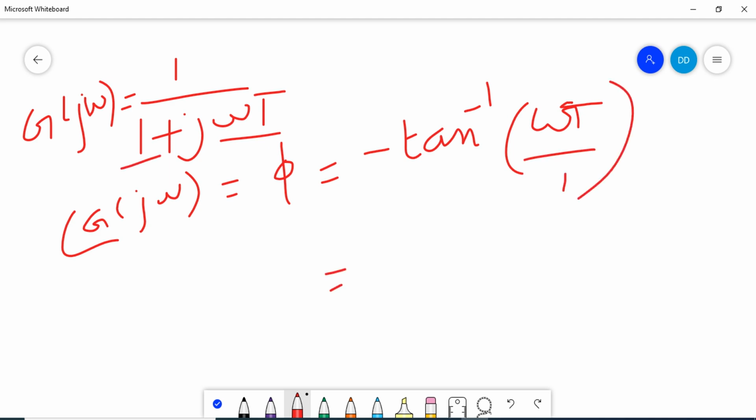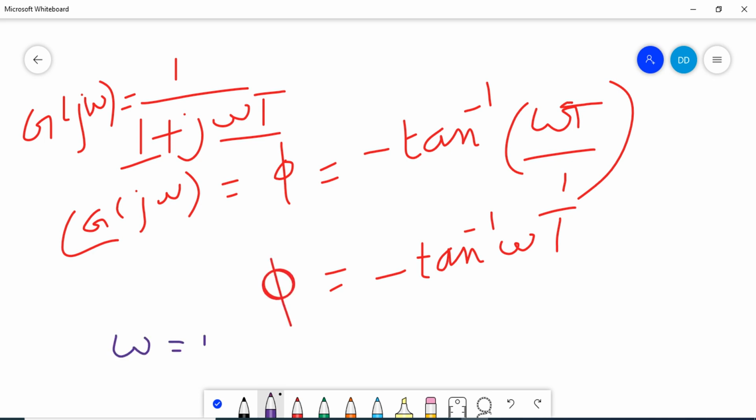To construct the phase angle plot, we will consider different values of omega. This is phi. If we take omega equal to 0, we get phi as 0 degree.